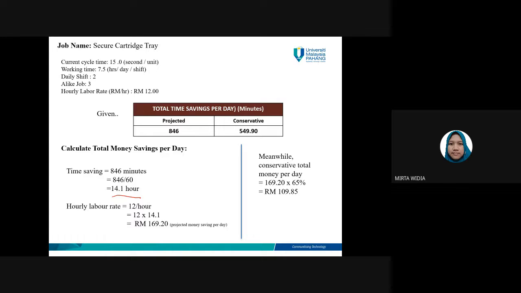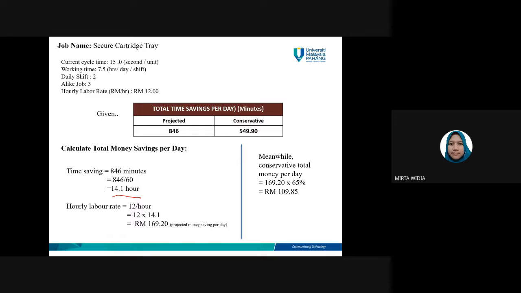Okay. So ini maksudnya pekerja tu ada 14.1 hour boleh jimat masanya lepas kita guna yang projected job improvement tadi.